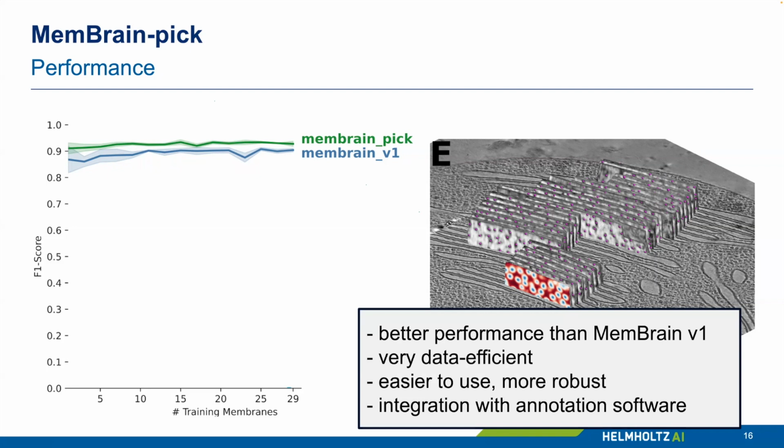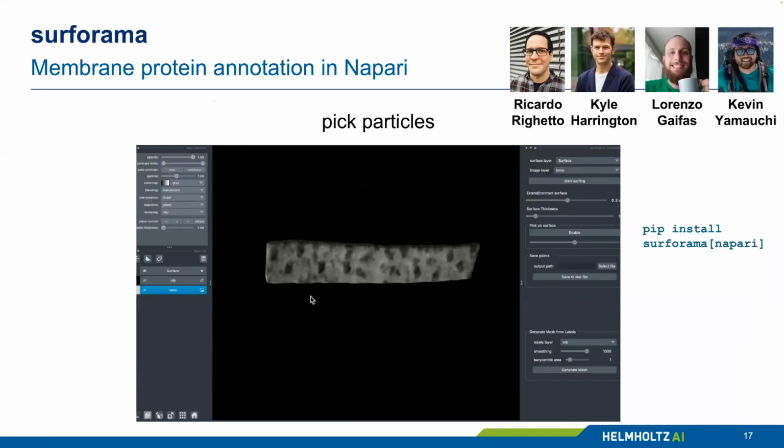And we integrated that with an annotation software, which is Surfarama. And that was a nice project that we did in a hackathon last year together with Ricardo, Kyle, Lorenzo, and Kevin. And if you're maybe familiar with Membranorama, then this is pretty much doing the same thing, but it's just much more accessible because we implemented it as a Python Napari plugin.